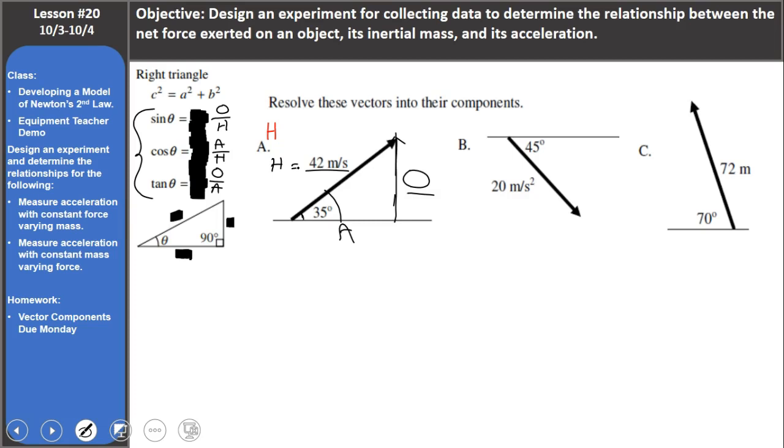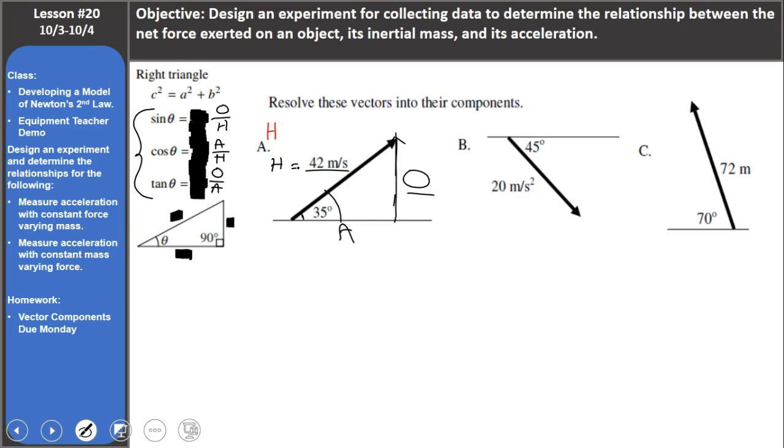Okay, so now wait, look. I'm trying to find the opposite. Does cosine have opposite on there? No. Can I use it then? Why would I use something that's not going to yield the opposite? There's nothing I can do to get the opposite out of this, is there? This one doesn't have the hypotenuse.